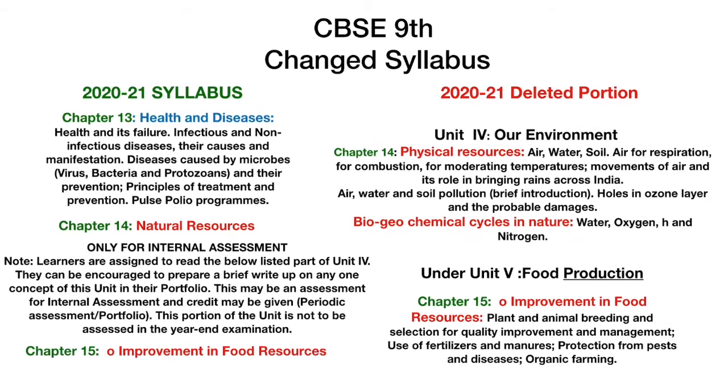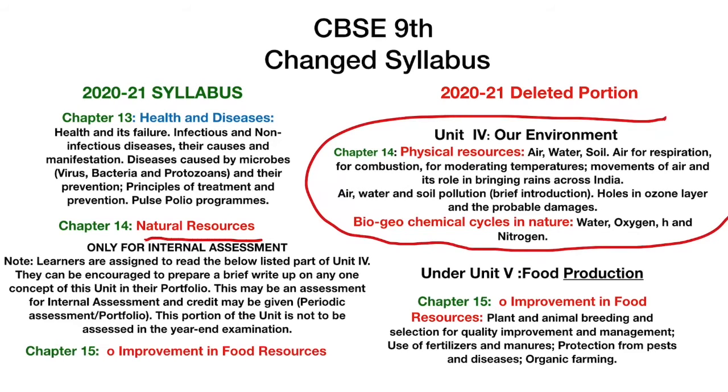As we saw in our first slide, unit 4 and unit 5 are removed, and the 10 marks of these 2 units are being adjusted in your unit 1 and unit 2, right? So the natural resources related chapter number 14 is completely gone. This chapter is not there in this year's syllabus.